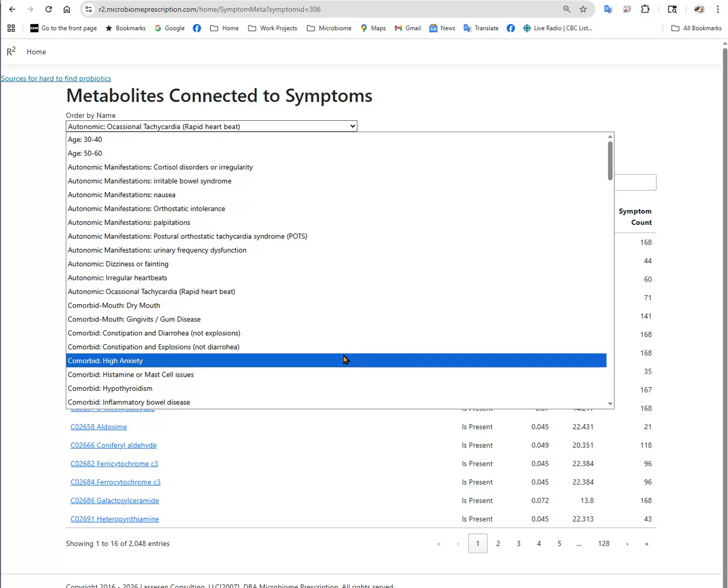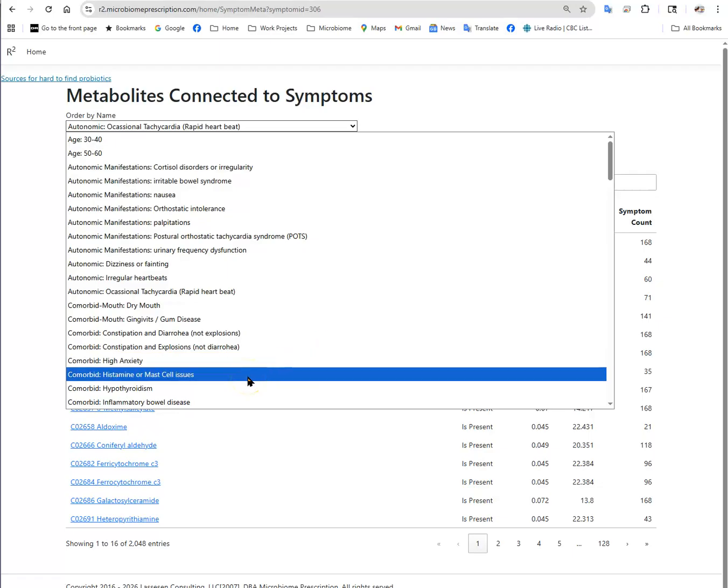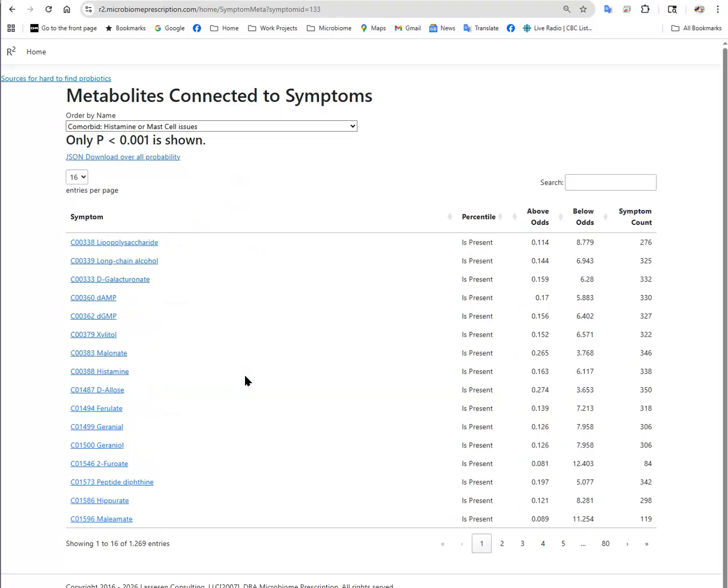Now, I may be premature for this because at the time of doing this video, all the computation has not finished. The computation literally takes several days, and there's a good chance it won't. But we do have other things besides autism, for example, histamine or mast cell issue. And there we have all of the things which increase or decrease.